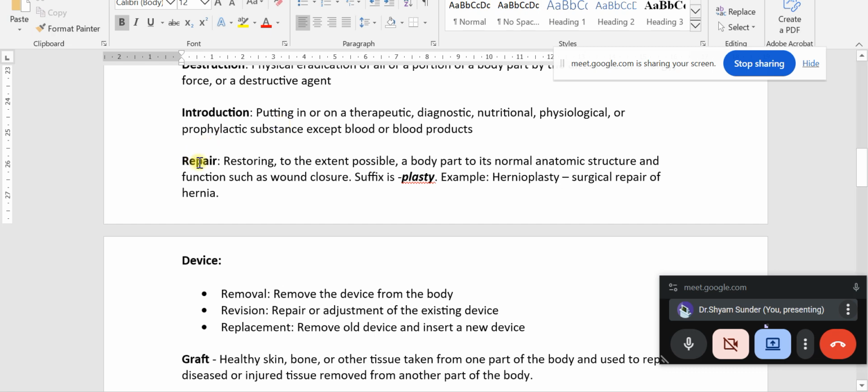So if anatomy is altered, for example, if the structure of a body organ is changed because of injury, for example, laceration, you have to restore the body part, right? The way you restore it, that is called repair. Suturing. The simple example is suturing. Plasty is the suffix indicating repair.